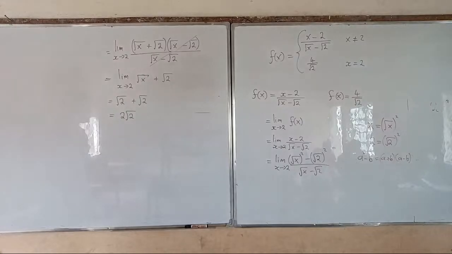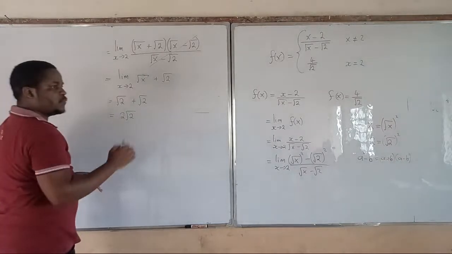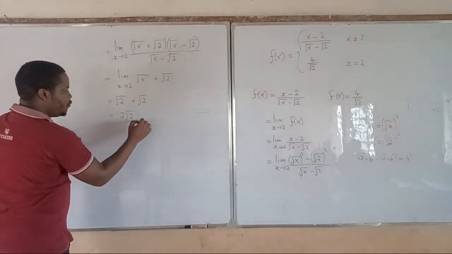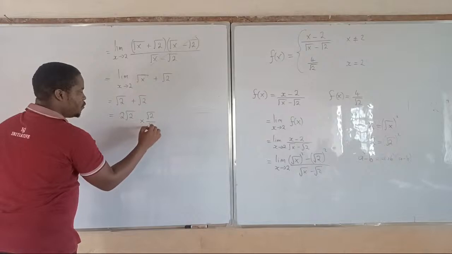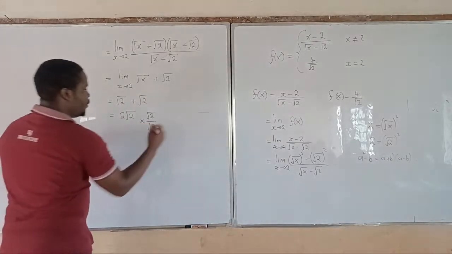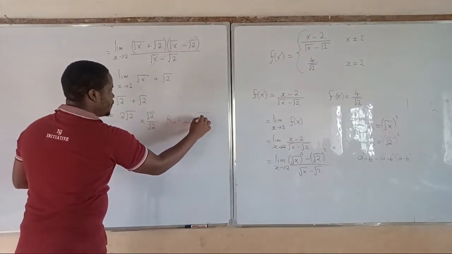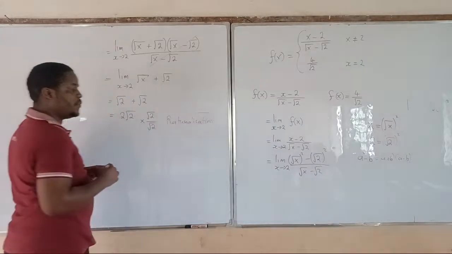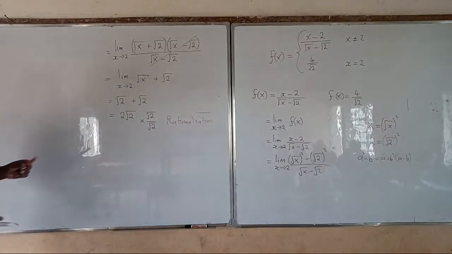Then now we have to rationalize. Remember rationalization, where we said multiply both denominator and numerator. This time around we'll multiply by root 2 over root 2. This is the process of rationalization: multiply both the numerator and the denominator by root 2. So what do we get?